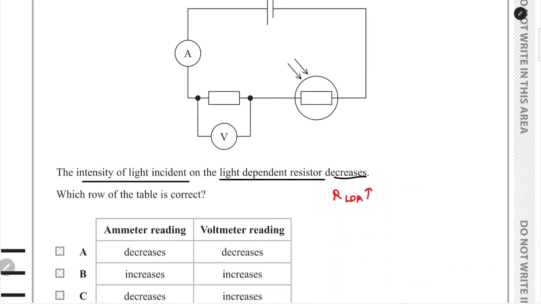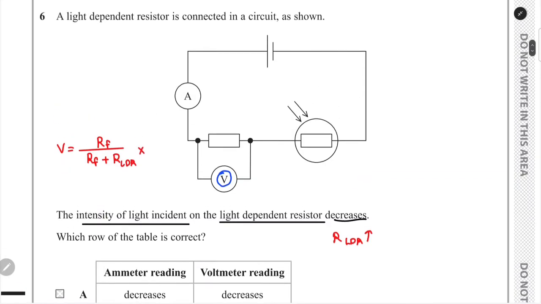Now if I see over here, the voltmeter is connected to the fixed resistor. So we have to use the potential divider circuit. The voltmeter reading V will be the resistance of fixed resistor divided by the resistance of fixed resistor plus the resistance of the LDR multiplied by the voltage of the cell or the EMF.